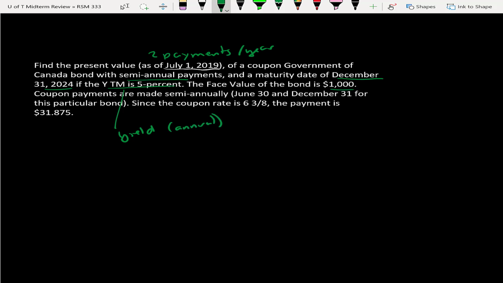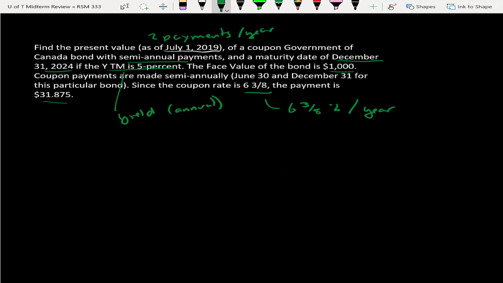Face value is 1,000. Coupon payments are made semi-annually in June and December. And the coupon rate is 6 3/8, so that's 6 3/8% per year. Okay, so you would divide that by 2, and they've already given us 31.875. So let's write the variables.